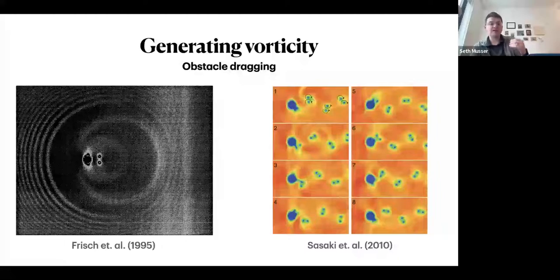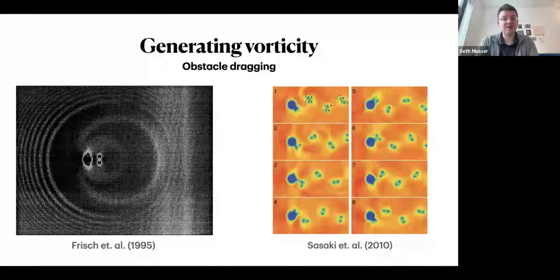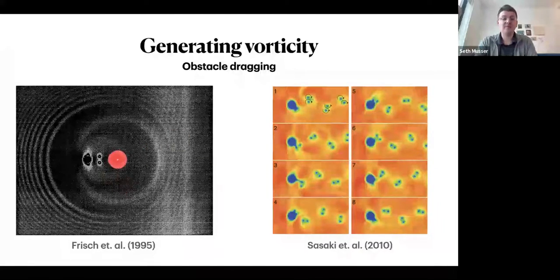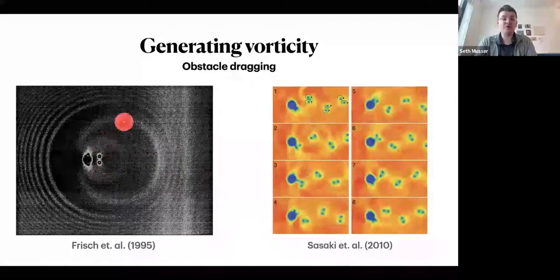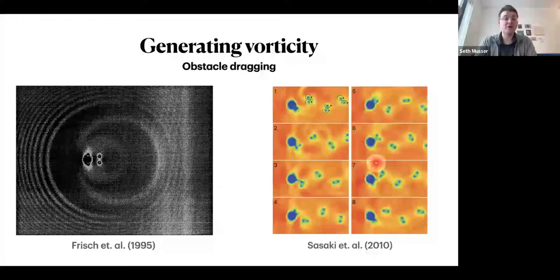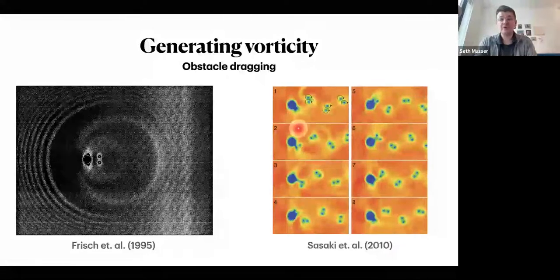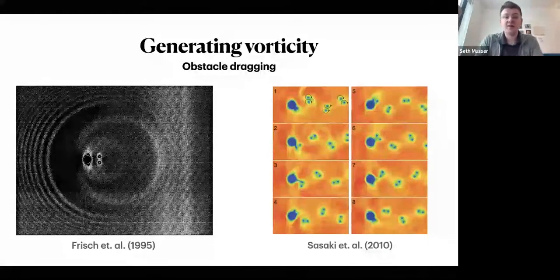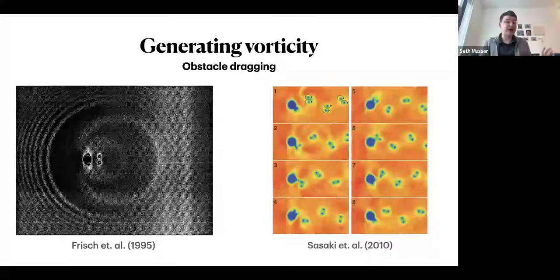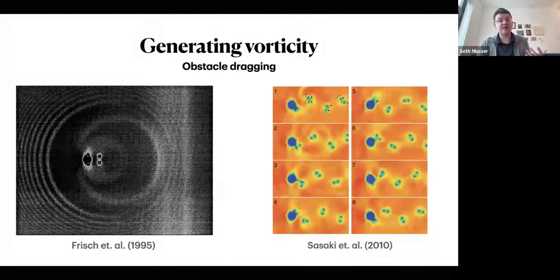And for appropriate sizes and speeds of that disk, you can get vortex nucleation. So here we have two oppositely signed vortices nucleating, and you can even produce a von Karman vortex street, where you have two similar signed vortices nucleate, and then two of the opposite sign nucleate from the bottom. So by obstacle dragging, you're able to actually generate these topological defects.